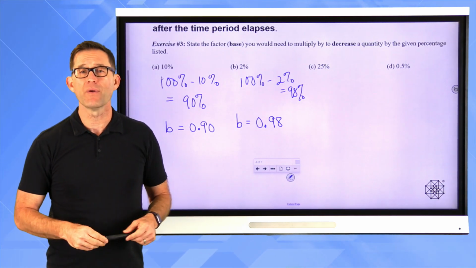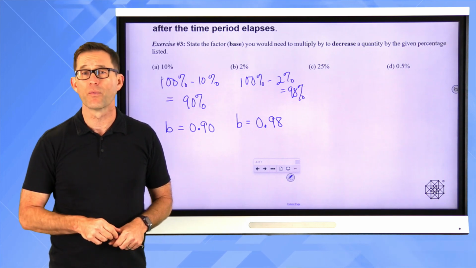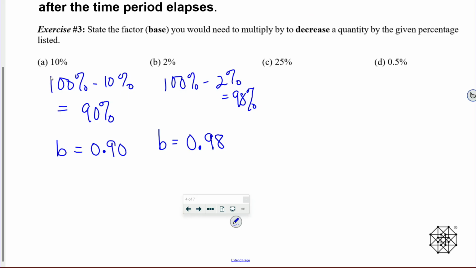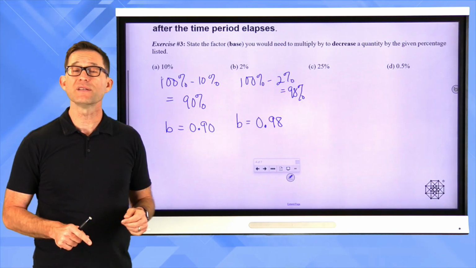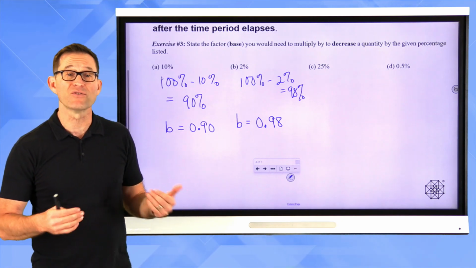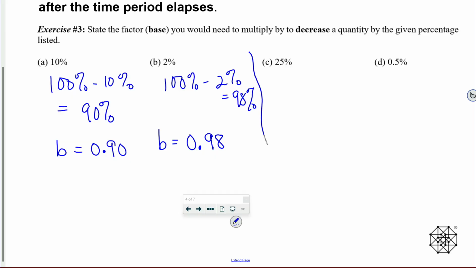So pause the video now and see if you can do the remaining 2. All right, letter C I'm sure is quite easy, right? If I'm trying to decrease something by 25%, what I have remaining left over is 75%, so I'm going to be multiplying by a base of 0.75.